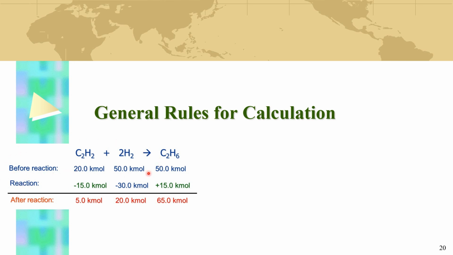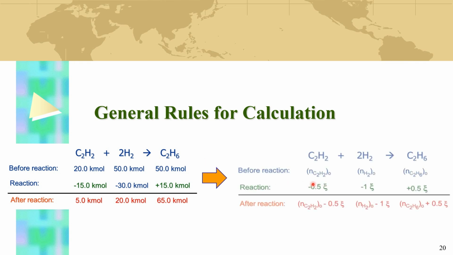You have before reaction, during the reaction, and after reaction, so you know what's going on with this chemical reaction. And then we want to do it using symbols. Like this 20, can we use a symbol to represent it? We should use symbols to represent. Okay, this is what we are going to learn now. So this is called the general rules for the calculation.